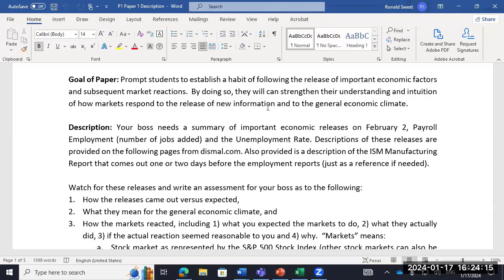What would be the most likely number? 200,000. 20,000 would be a horrible number. I don't think we've ever had 2 million, even coming out of COVID. Typically, to have jobs, we need to be hiring about 200,000 people a month. That's the norm.